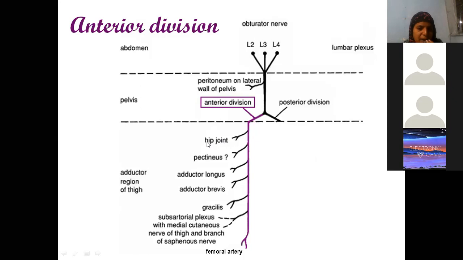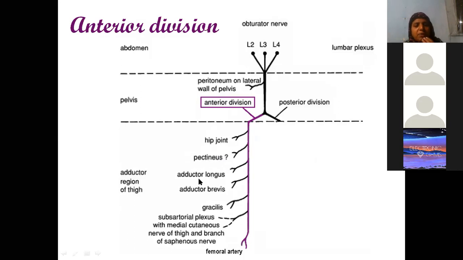So it supplies the hip joint, and pectineus, it may or may not, because pectineus is a hybrid muscle. If the femoral nerve is supplying pectineus, the obturator nerve will not supply. If the obturator nerve is supplying, the femoral nerve won't. Either of these two nerves will supply pectineus.